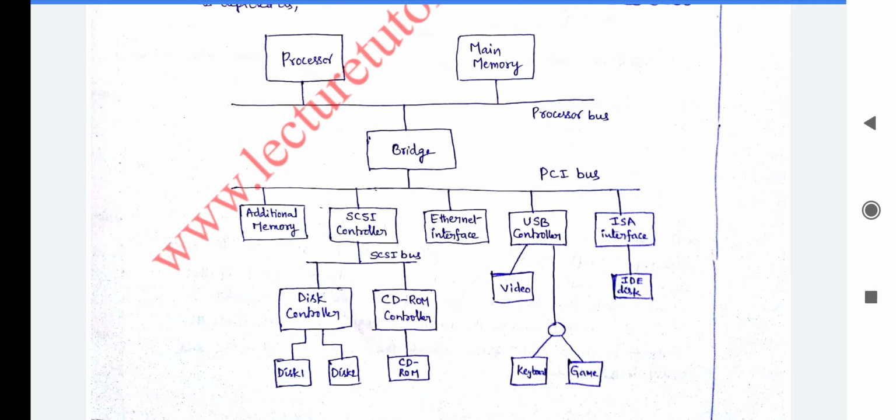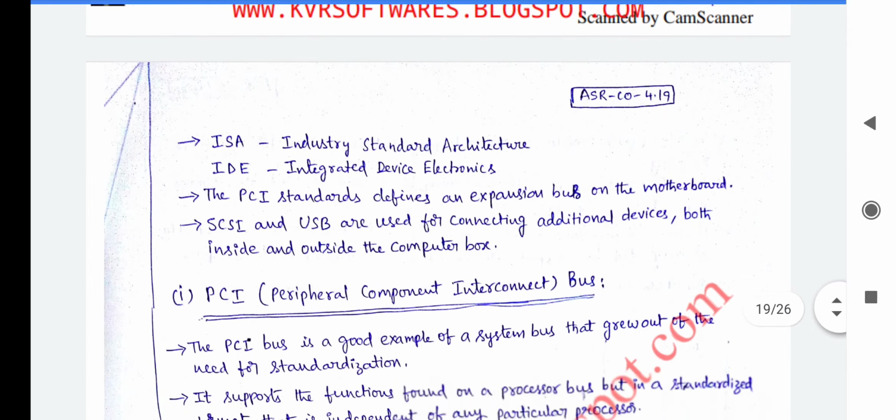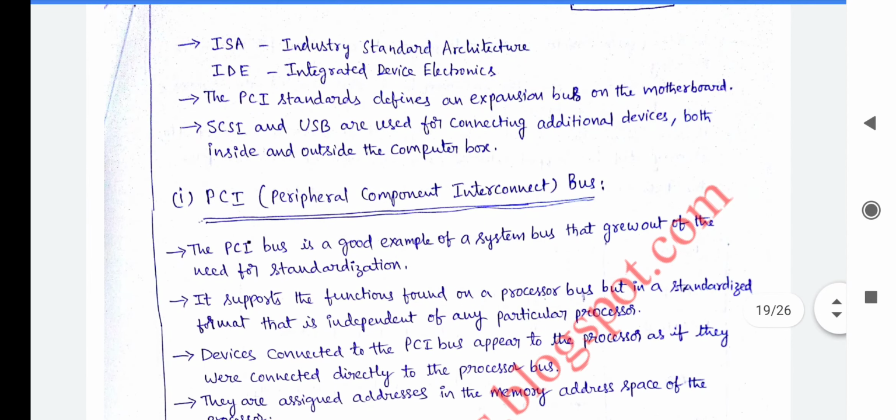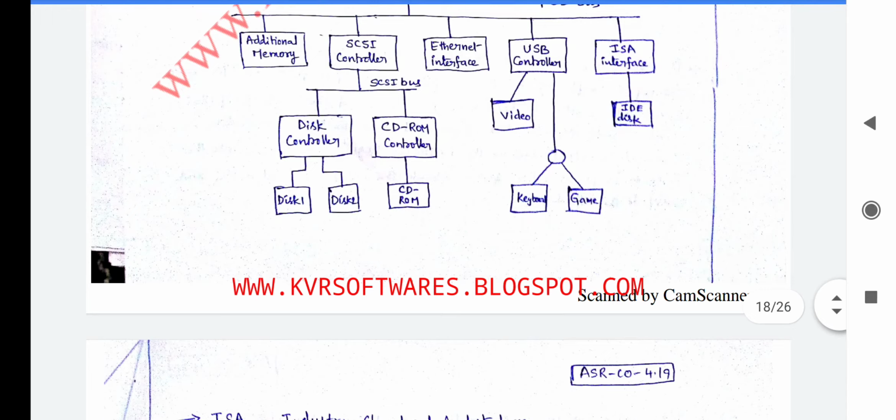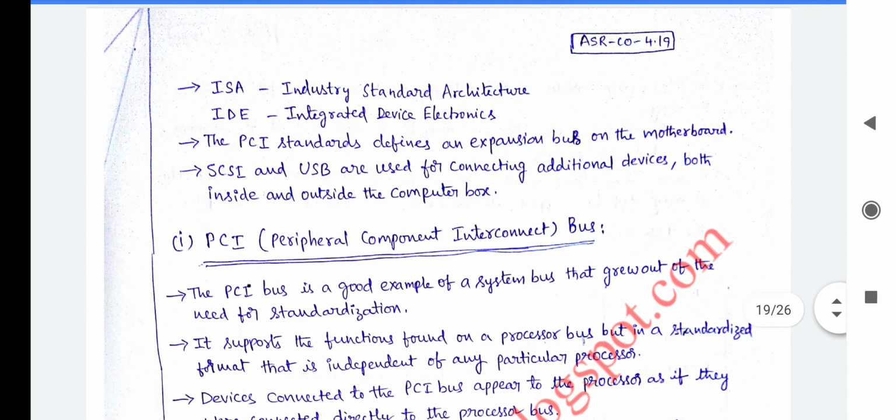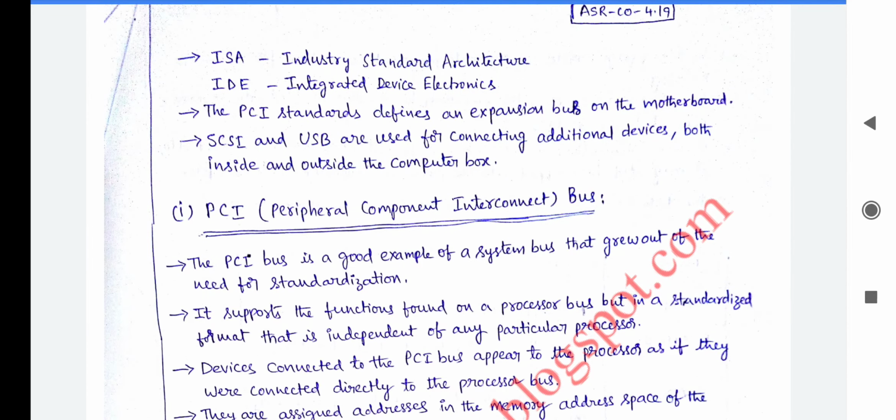So a bus is used to share or transmit the data between the devices. Next, see ISA. Here we use the ISA interface. ISA means industry standard architecture.